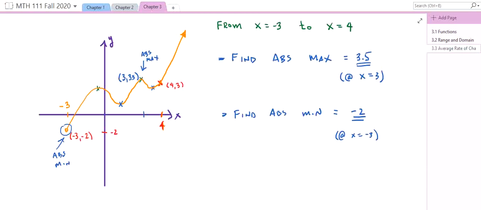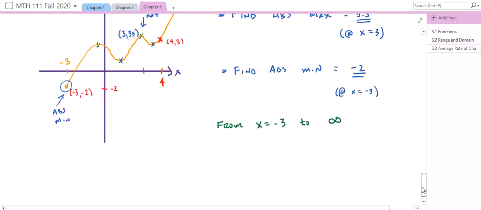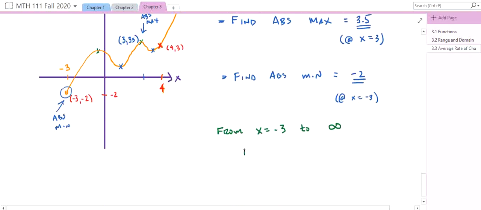okay, what if I change this problem and I say from x equals minus 3 to infinity, like this is drawn? What now is our absolute min?